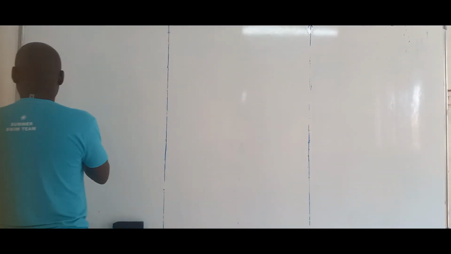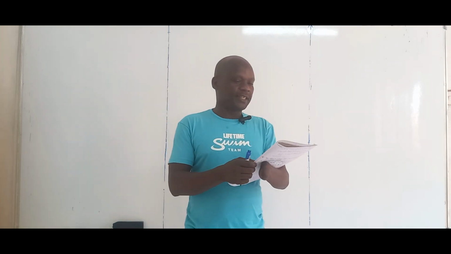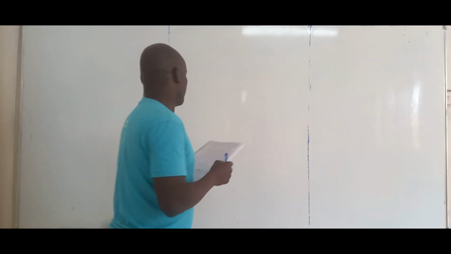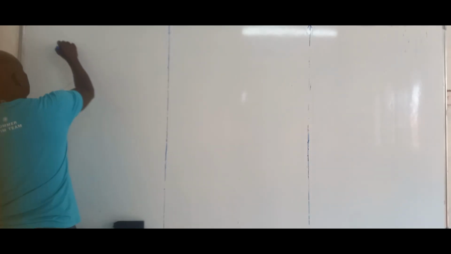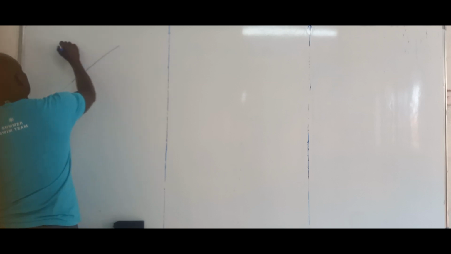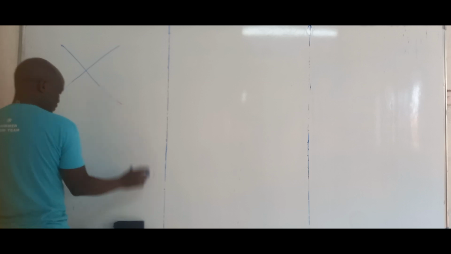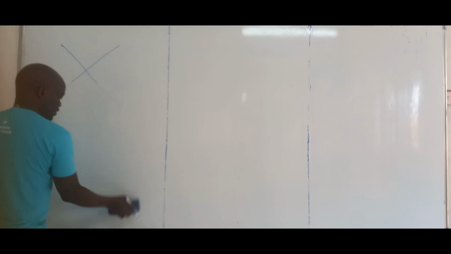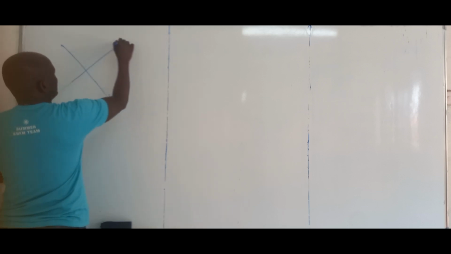Well, the question is: two lines L1 and L2 intersect at a point P. So there are two lines. Let me just draw this. These are two lines. Okay, they intersect at a point P. So let me call this L1 and call this L2.